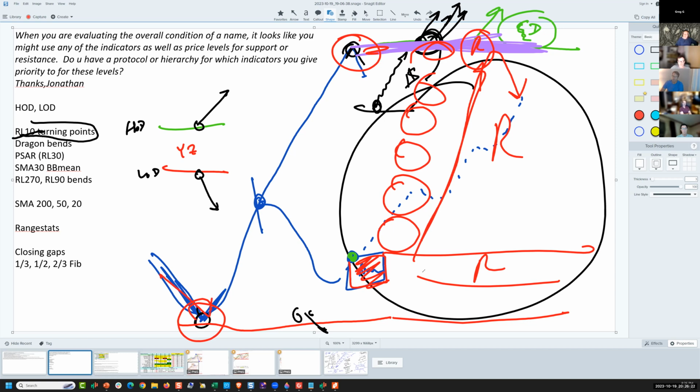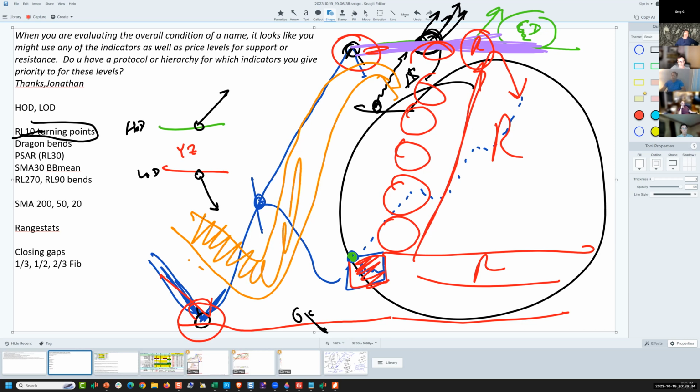The next thing is the bigger, fatter, slower moving dragon. It always turns after the RL10 does, and it never gets as far down as the RL10 did.